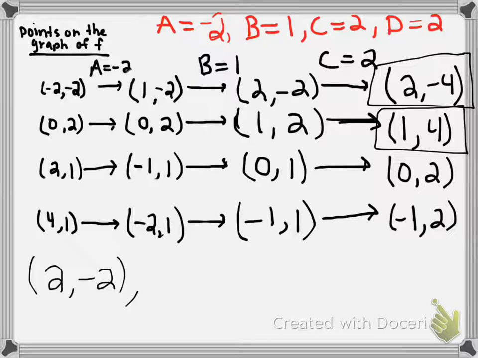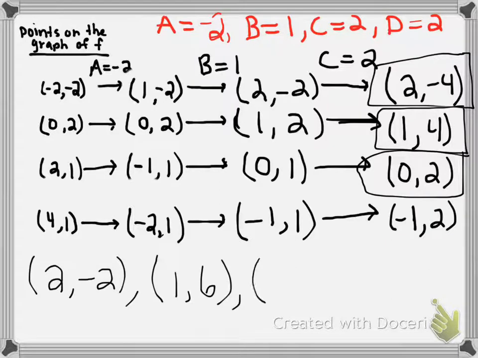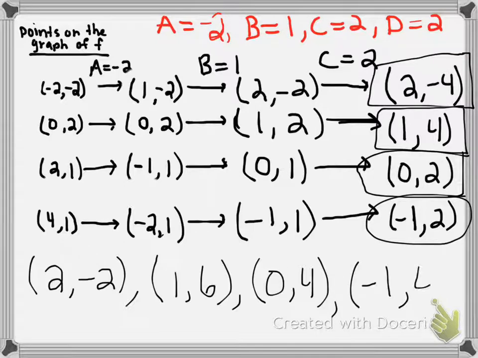If you're looking at those previous values, that's going to become the point 1, 6. And the point 0, 2. We add 2 to the y coordinate, that becomes the point 0, 4, and finally we add 2 to the point -1, 2. We're going to add 2 to the y coordinate and get -1, 4.